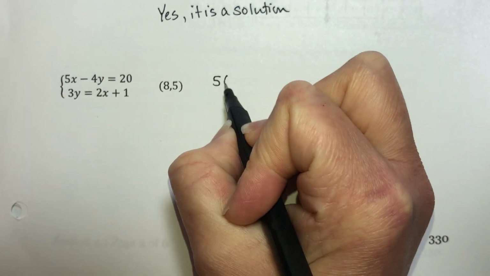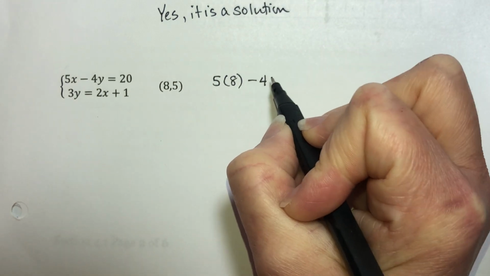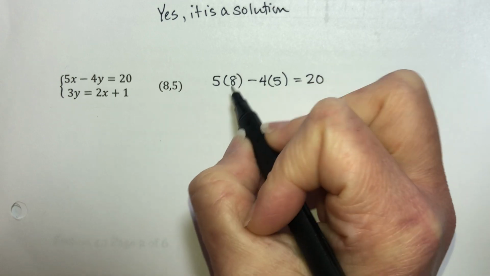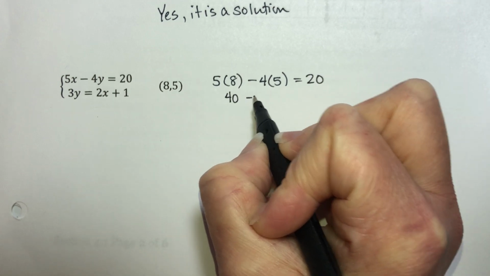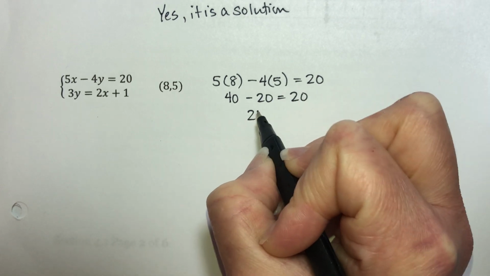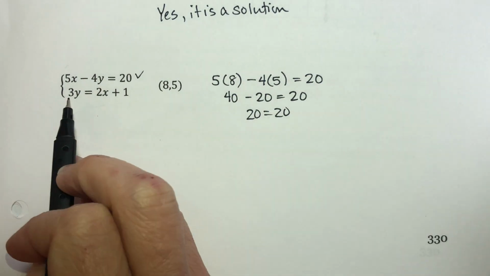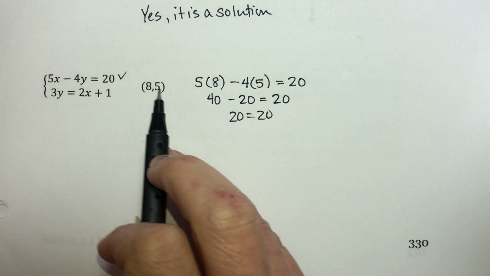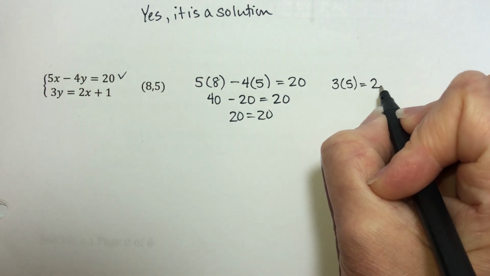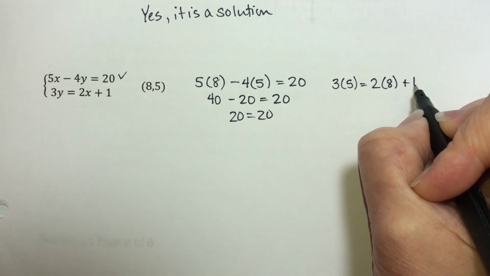So 5 times x, where x is 8, minus 4 times y, which is 5, is equal to 20. That is 40 minus 20 is equal to 20, and 20 does equal 20, so it checks out in the first equation. Now check the second one. 3y, so 3 times 5, is equal to 2x, and x is 8, plus 1.